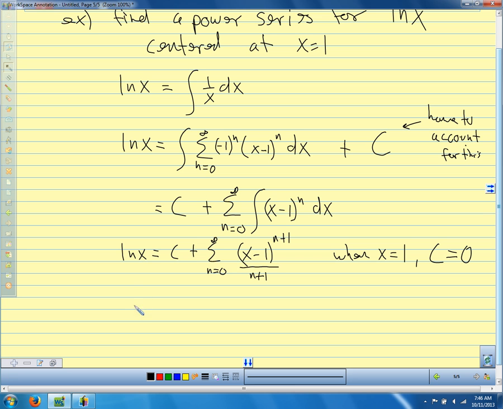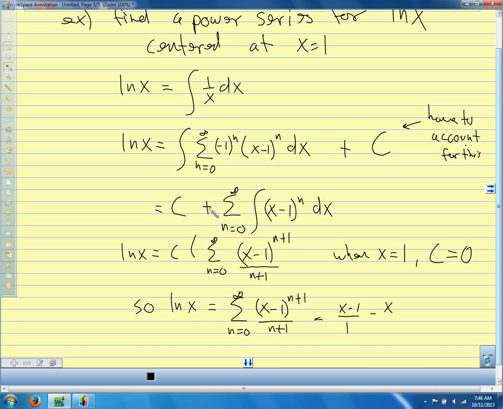So we finally have, by taking this integral, the natural log of x is the sum n equals 0 to infinity of x minus 1 to the n plus 1 over n plus 1. And if I write out some terms, x minus 1 over 1. Oh, and I forgot my minus 1 to the n here.